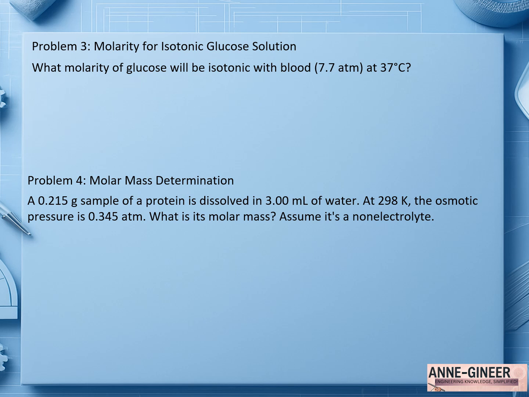Problem number 3. What molarity of glucose will be isotonic with blood, which is 7.7 atm at 37 degrees Celsius? Glucose is a non-electrolyte, so the Van 't Hoff factor is 1.